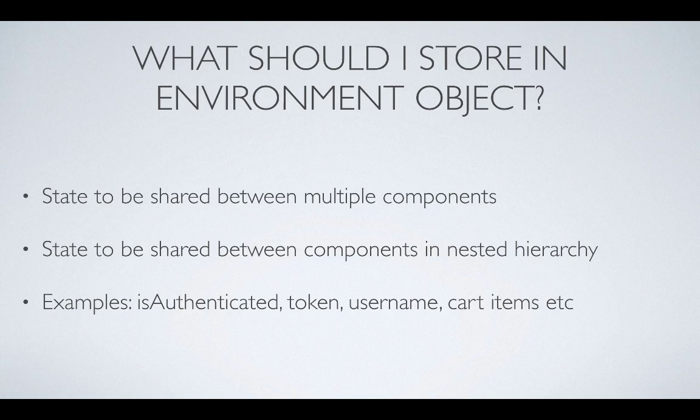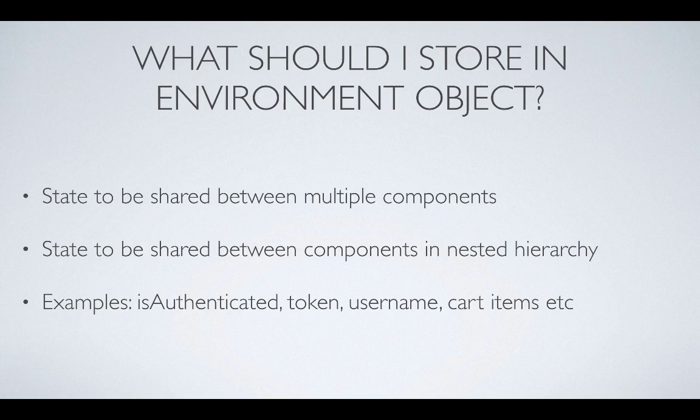One other question people ask is, okay, hold on, we have an environment object, so if I want to pass state or some sort of data from view 1 to view 2, I would just start using environment object, right? Not really. If you're just communicating between two different views and passing data from one view to the other, like a master detail kind of a view, you should just pass it when you are creating your destination view.